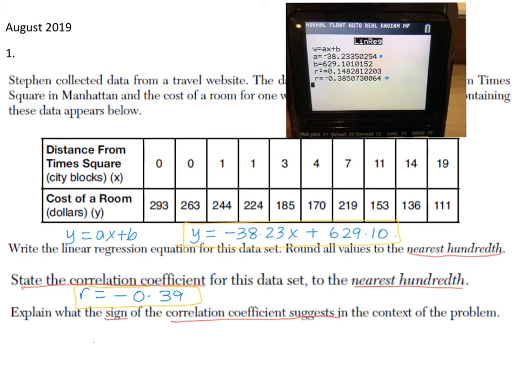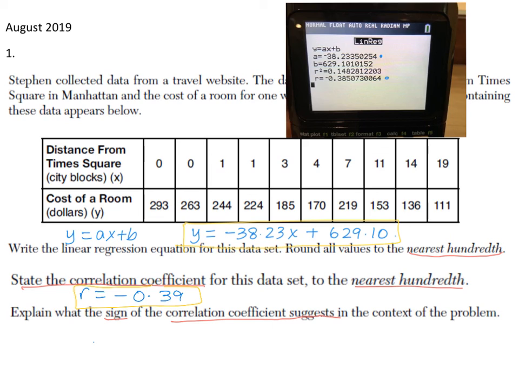And then they say explain what the sign of the correlation coefficient suggests in the context of the problem. So here we are saying that it's negative, so there is an opposite correlation, right? This is saying that the further you go away from Times Square, your room rate is decreasing.